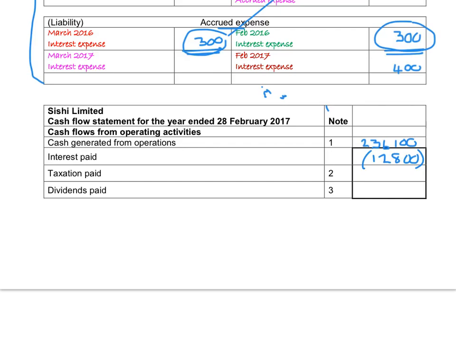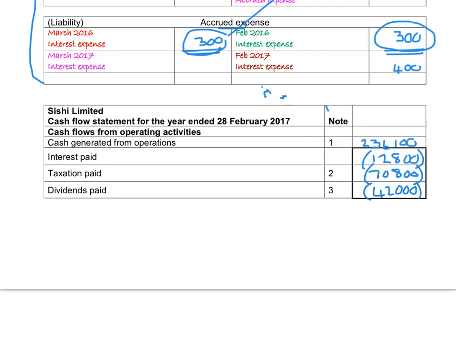We will show the money that went out of the business for tax in the current year as 70,800, and we will show it in brackets because it is an outflow. Dividends paid in the current year was a 42,000 Rand outflow, and that will give us the total amount that went out of the business in the current year.